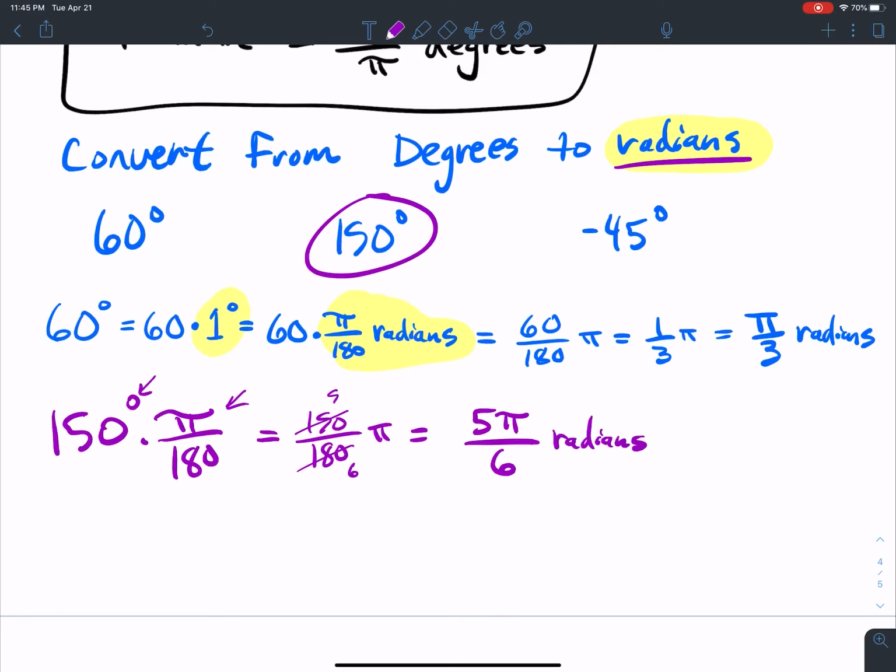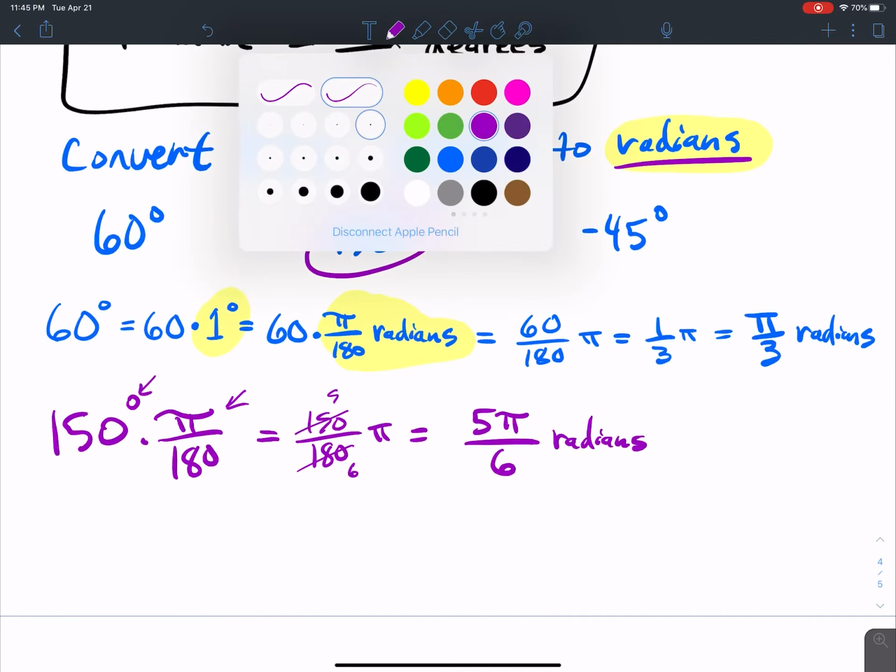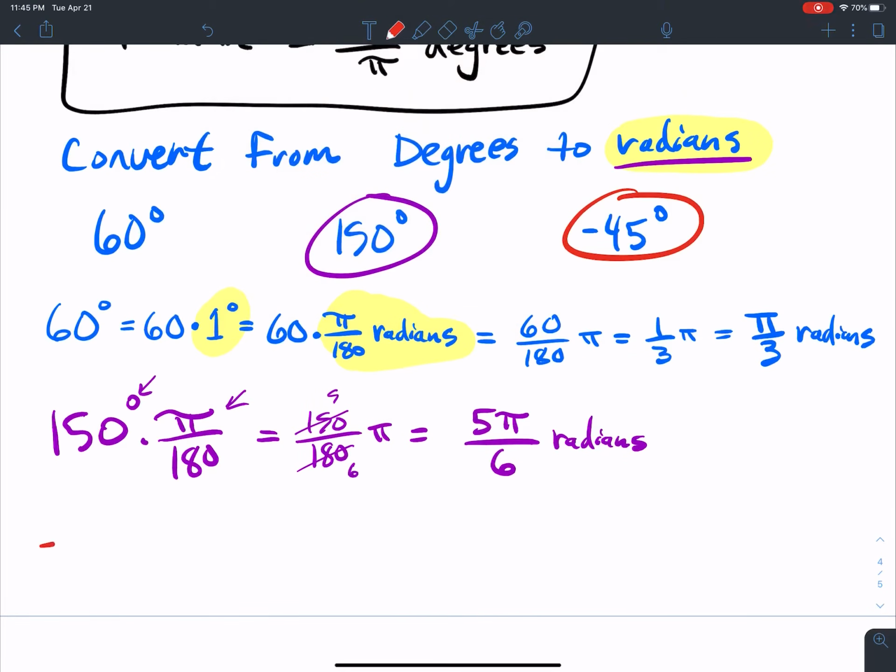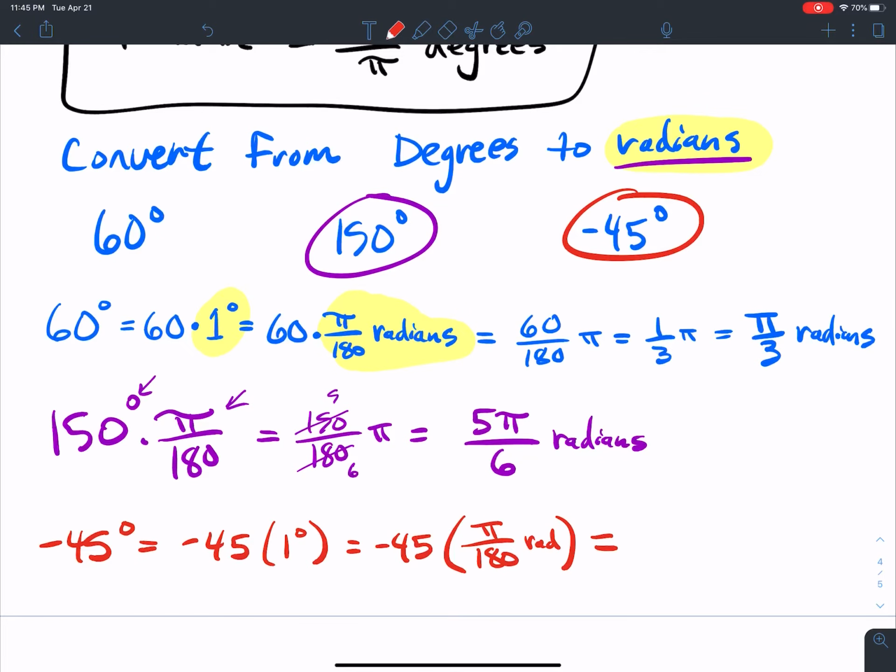Okay? And now the last one, negative 45 degrees. Same deal, negative 45 times 1 degree. But I know 1 degree is equal to pi over 180 radians. And so when I multiply, I get negative 45 over 180 pi.